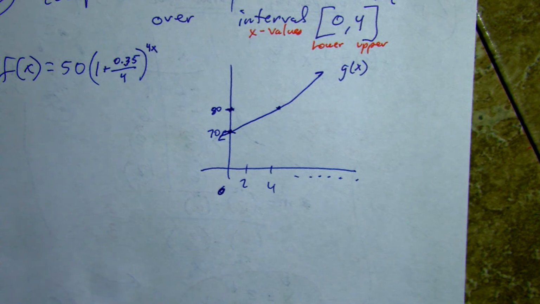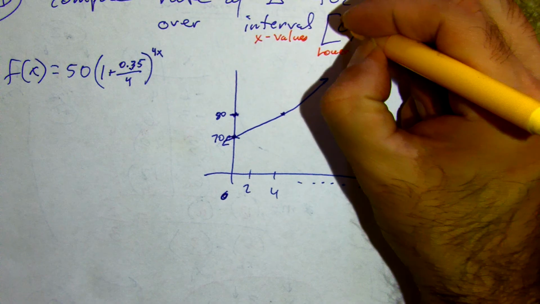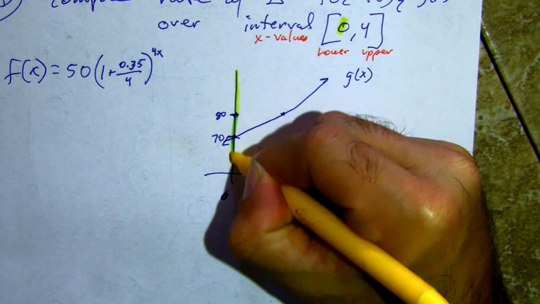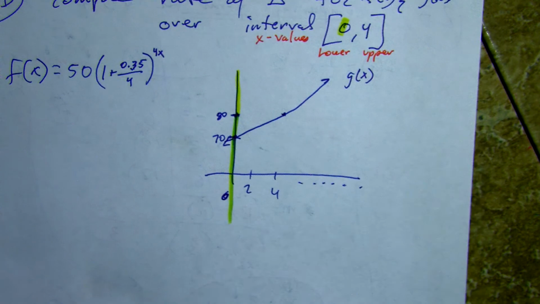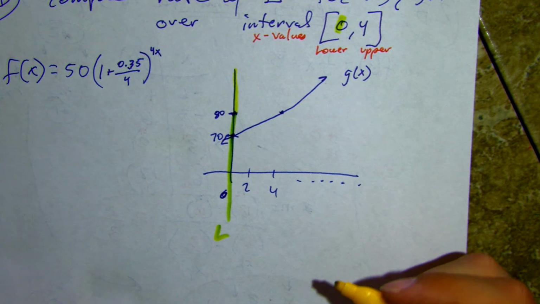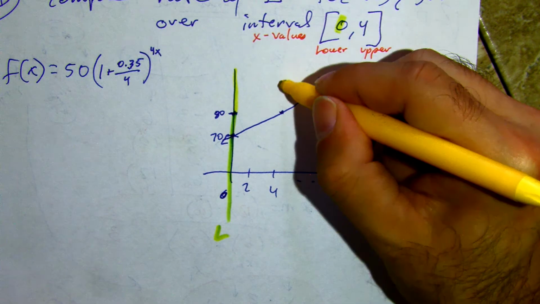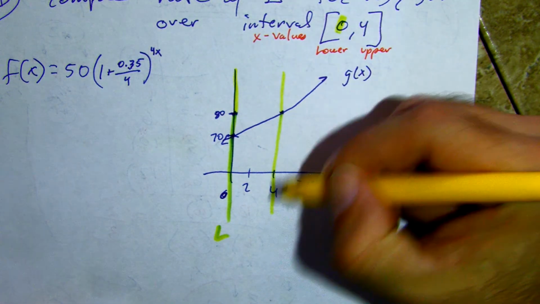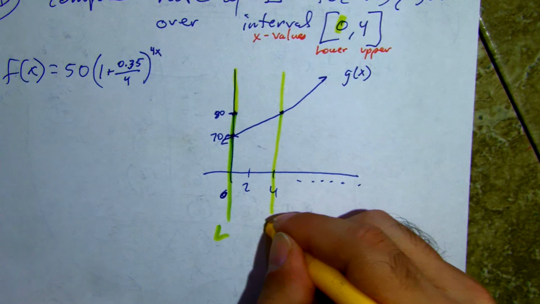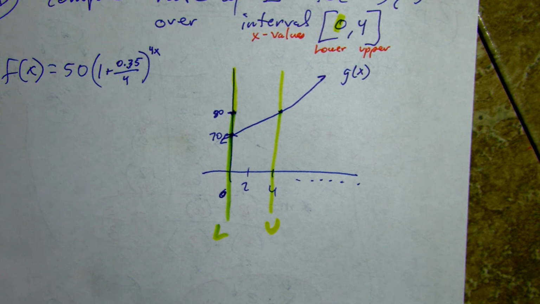My lower x value is right here at 0, and my upper x value is at 4.